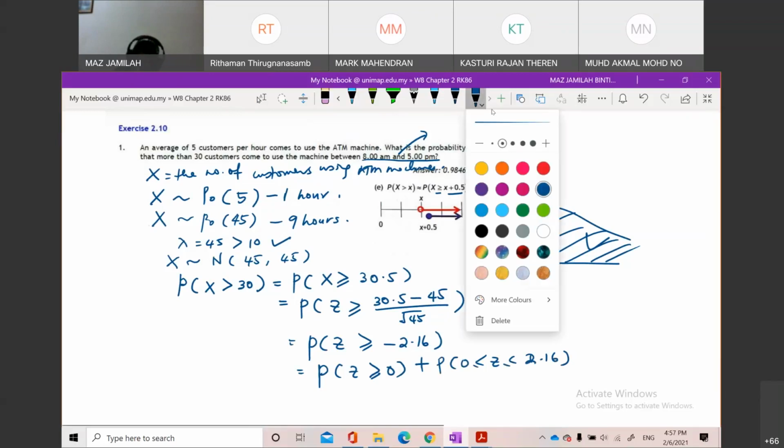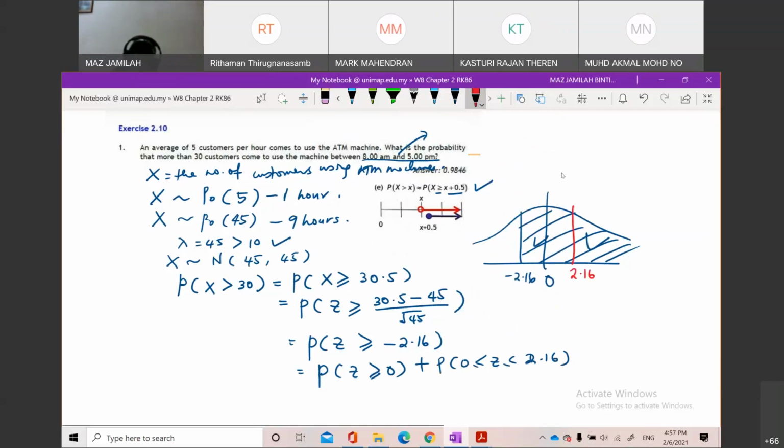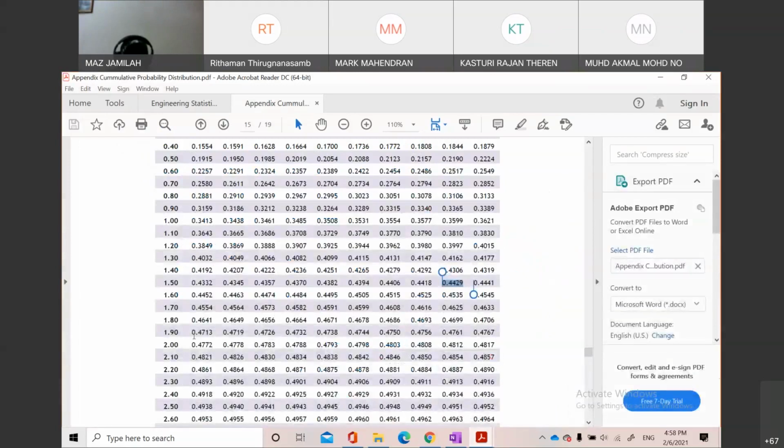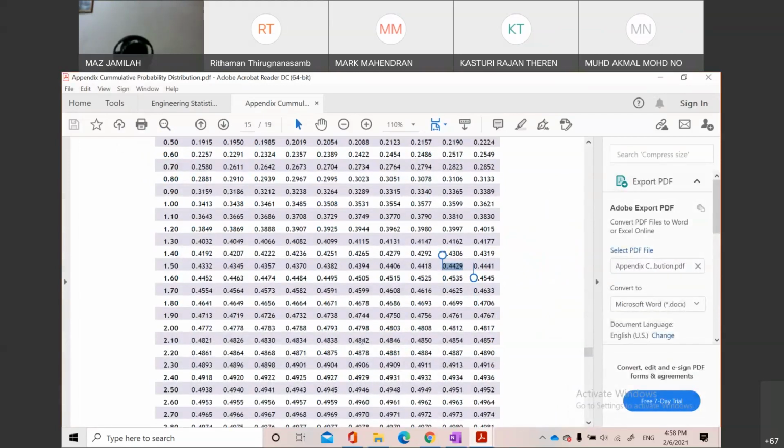So this will be 0.5 plus, if you look at your table, 2.16, 0.4846.